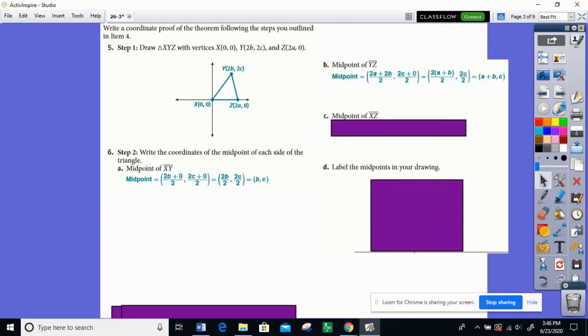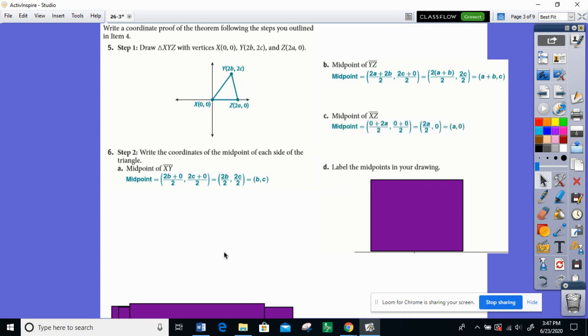So here's the work for the midpoint of segment YZ. Add together 2a plus 2b, cut that in half. Once you factor out the 2 in the numerator, you get just the quantity a plus b. 2c plus 0 is still 2c divided by 2, so we get (a plus b, c) for the midpoint of segment YZ.